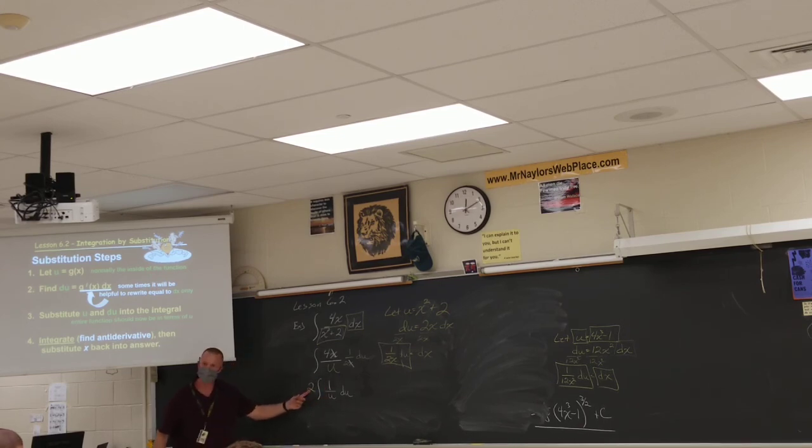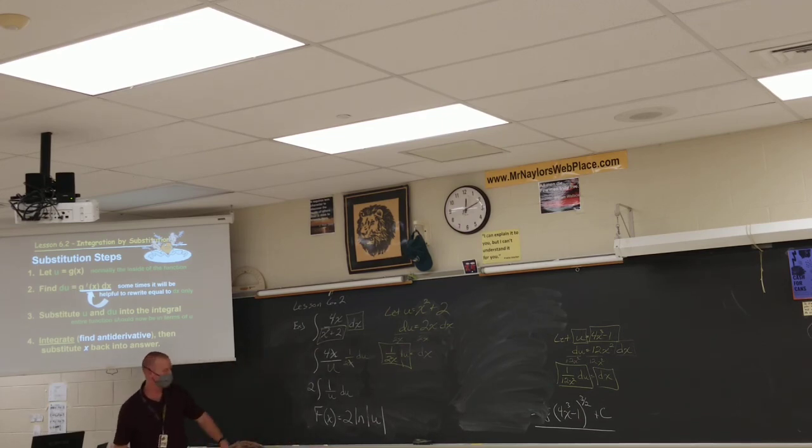See what I did with the 2? You can kind of do that mentally. Good. Now, 2 ln of u. I'm being kind of technical here. It's 2 ln of u until or before I actually do the final substitution.